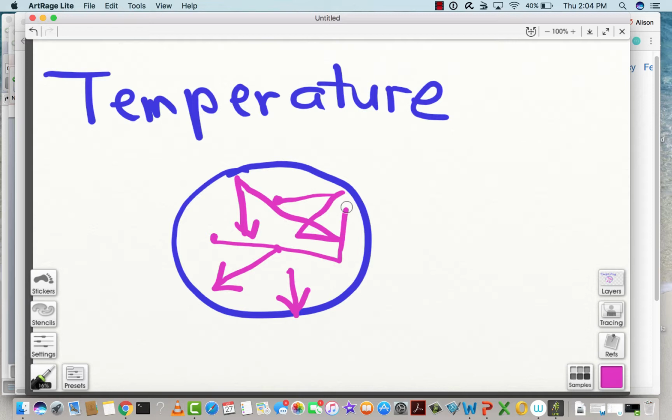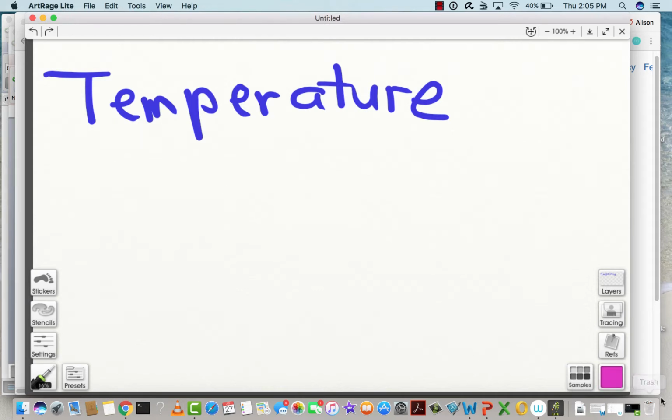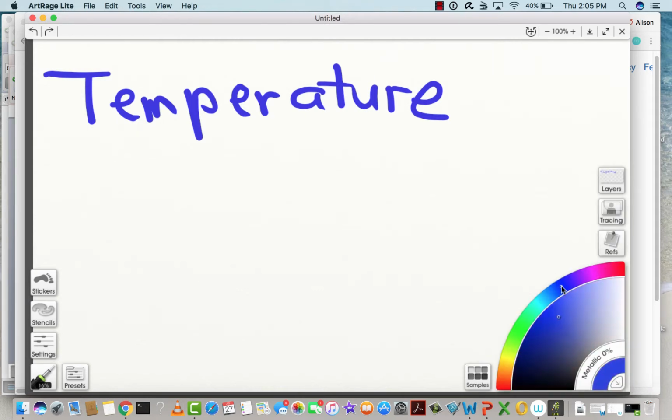And I think intuitively it makes sense to say that as it gets warmer in this parcel, the molecules move faster.